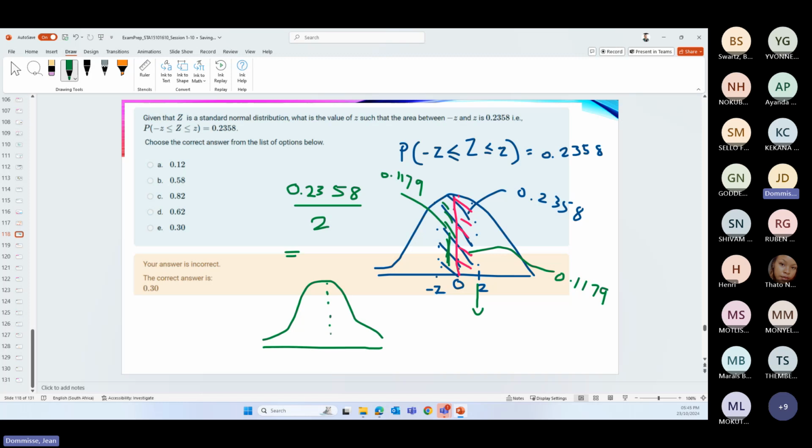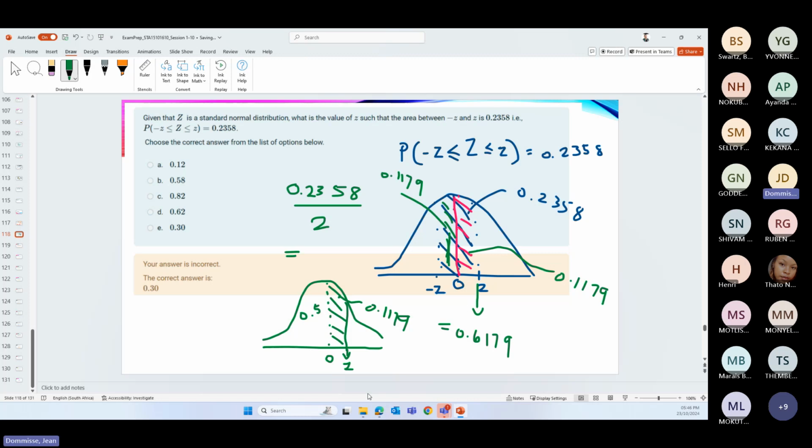Say that was now the 0. So we have up until this point, we know that is 0.1179. So if I add the 0.5 to it, I get 0.6179. So now I can use the positive table to identify that Z.